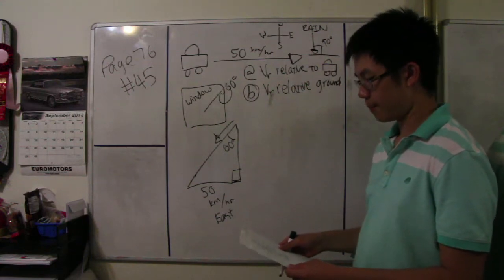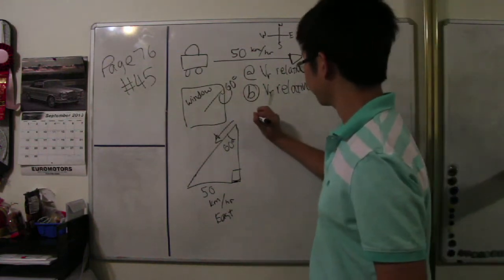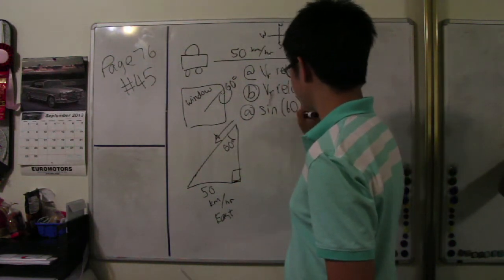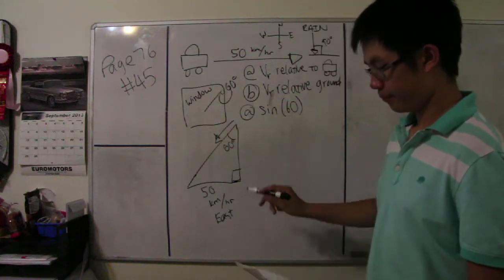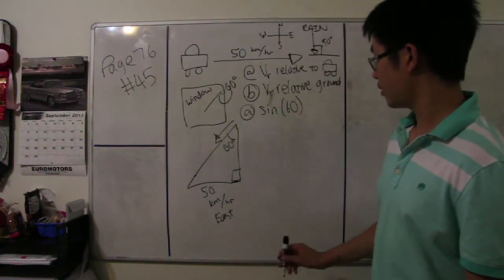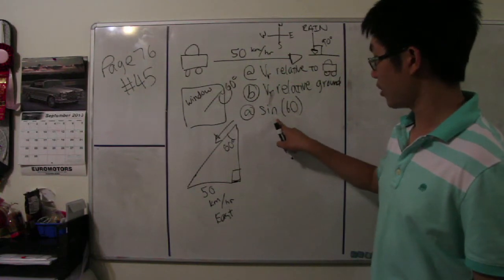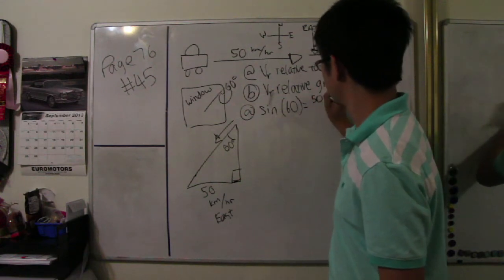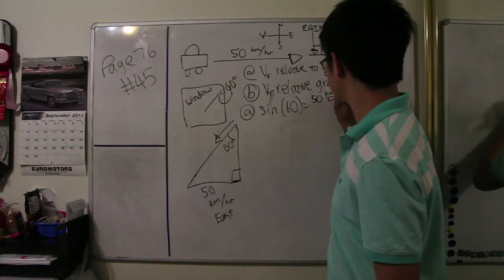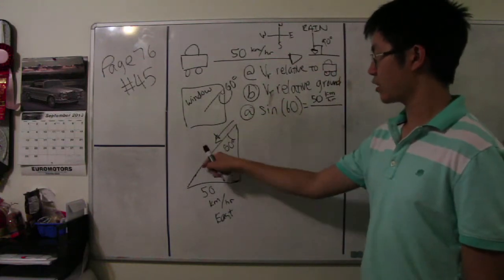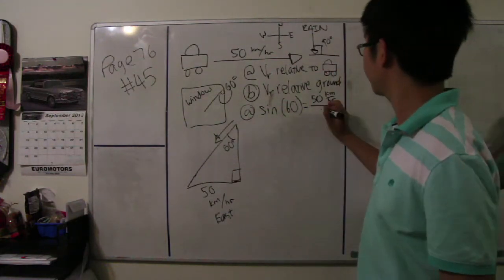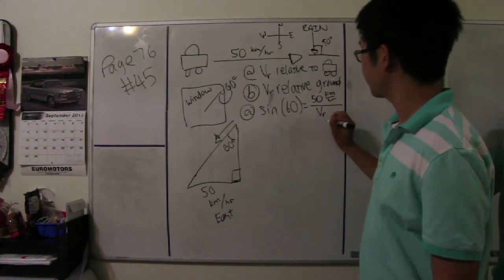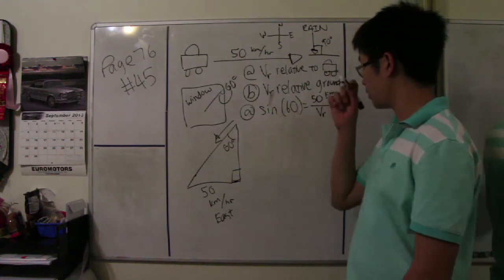So to do that, we can take the sine of the angle 60 degrees over here, and because sine is opposite over hypotenuse, we will take 50 kilometers an hour divided by our hypotenuse, which we're going to label V, V with subscript R for rain.